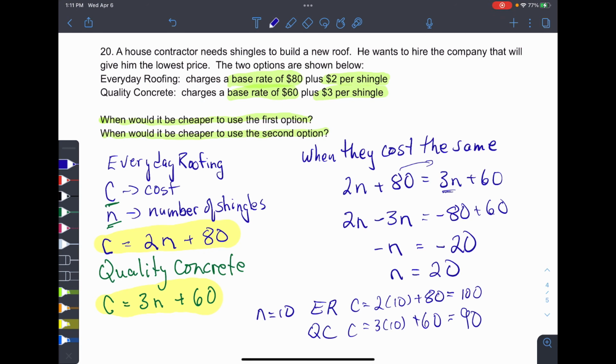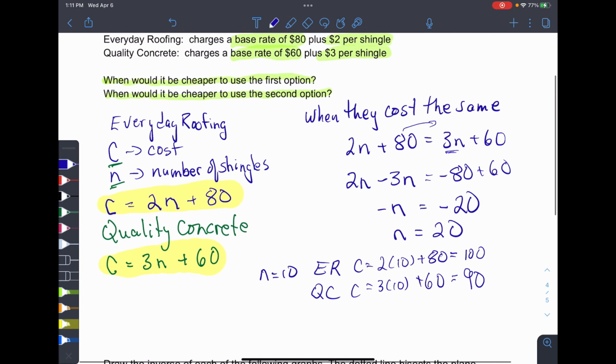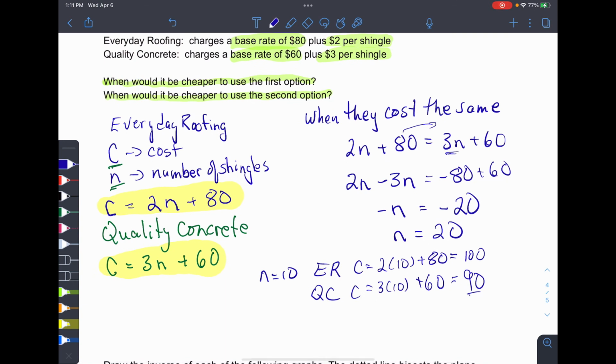So when n is less than 20 shingles, we want to use Quality Concrete because they're cheaper.